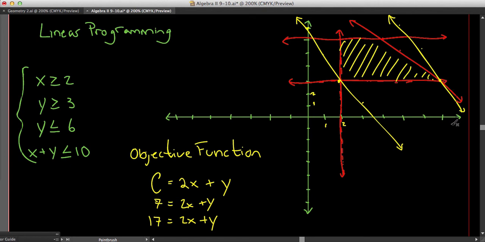So at 7, 3, if I were to plug 7 into x and then 3 into y, that is going to give us a value of 14 plus 3, which is 17. And that's how I was able to determine that the y-intercept was going to be 17 so quickly. All I had to do was take the x value and the y value and plug them into the objective function and solve for c. So I knew that would be the function that would cross that vertex.